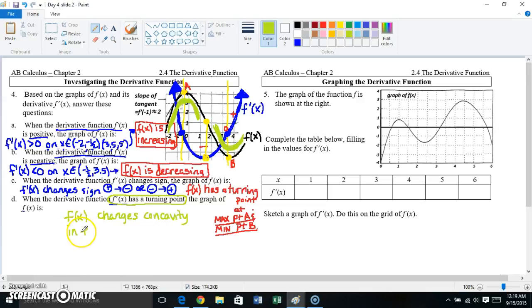And in this example, f of x changes from concave down to concave up. And I'll say at point C. All right.